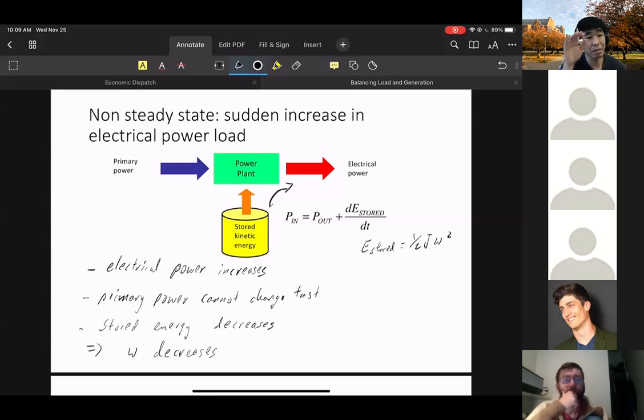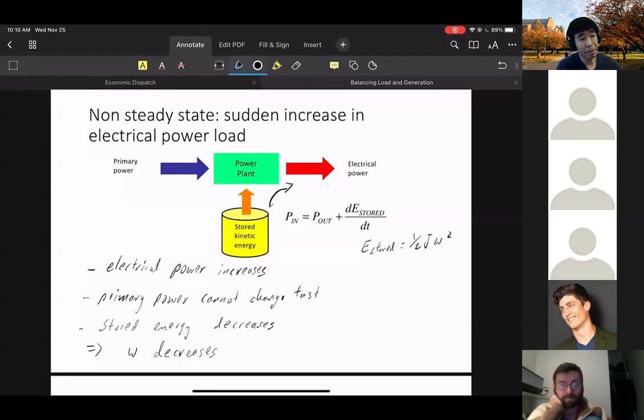Although it's nominally 60 hertz, it's never exactly 60 hertz. It always drifts around a little bit. And that's how we figure out whether the system is operating well, in good or bad condition, as we look at the frequency.